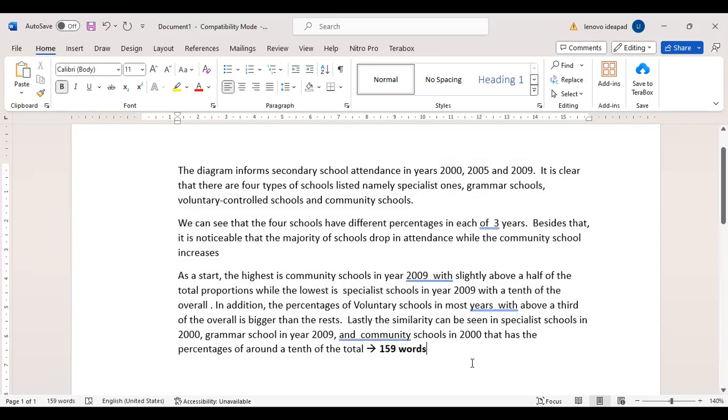And that's the sample. That's why we need connectors, sequential markers, and paraphrasing, because we need to reach at least 100. That's the sample. Any questions so far?